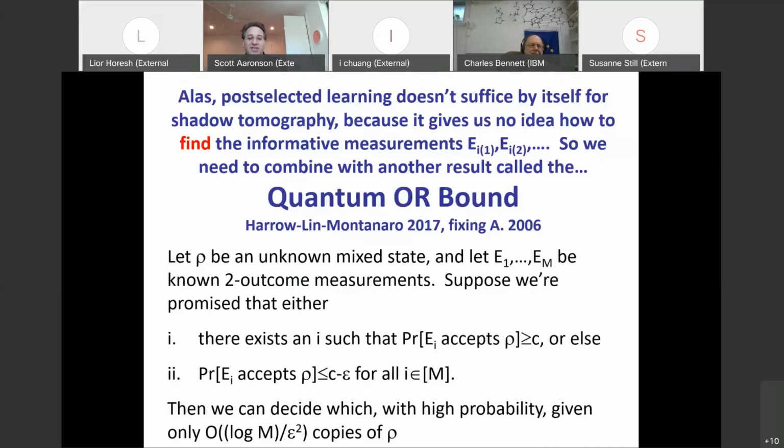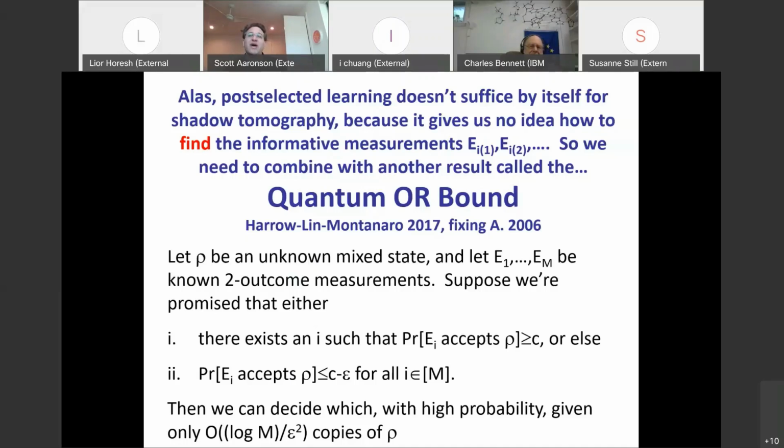Okay, and then once this has been proved, we know a few different ways to prove this now. One is using what's called Marriott-Watrous amplification. Another is using a very clever custom test that Harrow, Lin, and Montanaro designed.